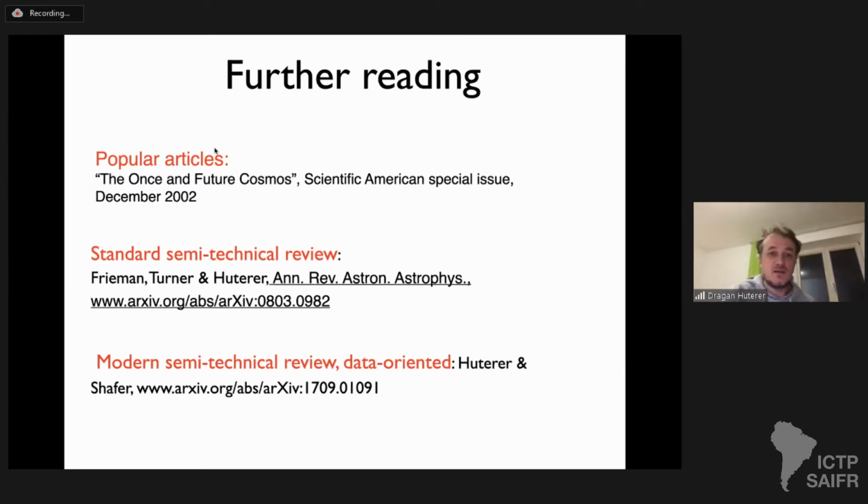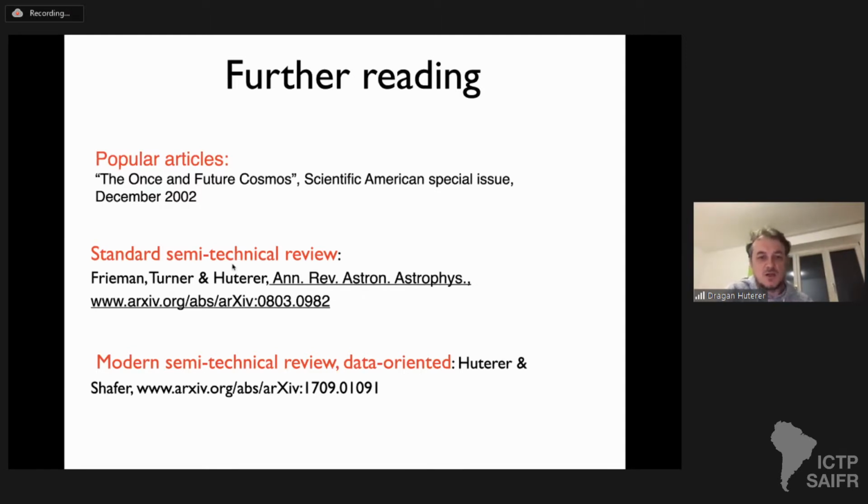And here are some readings. This is a very popular level reading, but very nice, a Scientific American issue from 2002. It costs like $9. It's a bit on the popular side. And the other two are completely self-serving because they're mine. This is a pretty standard semi-technical review, so you should be able to follow most of it, written in easy to understand language.